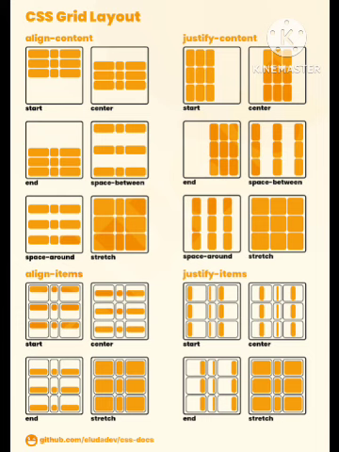Grid template rows 70 pixel 1FR 60 pixel. The first row will be 70 pixel and the last row will be 60 pixel. 1FR means whatever the remaining available space, the fraction it is going to take. So this is what we have defined, and keep it as it is.